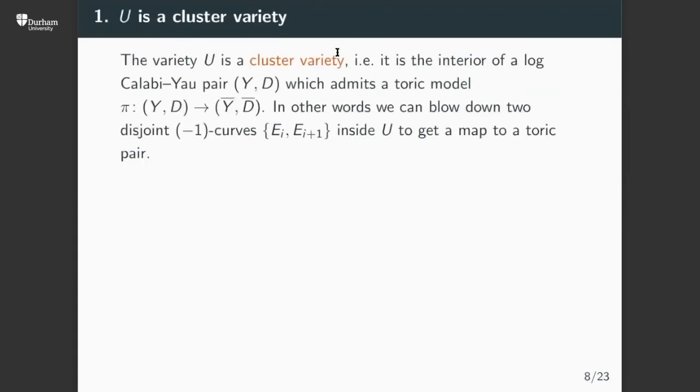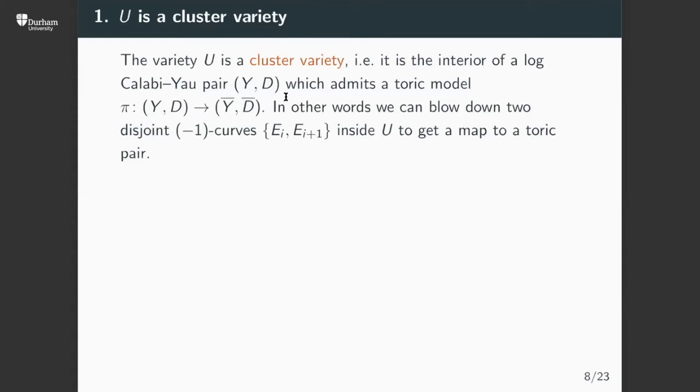So this variety U is a cluster variety. What I mean by that as an algebraic geometer is probably quite different to what some of the other people in the audience think of. For me, in fancy language, this is the interior of a log Calabi-Yau pair.